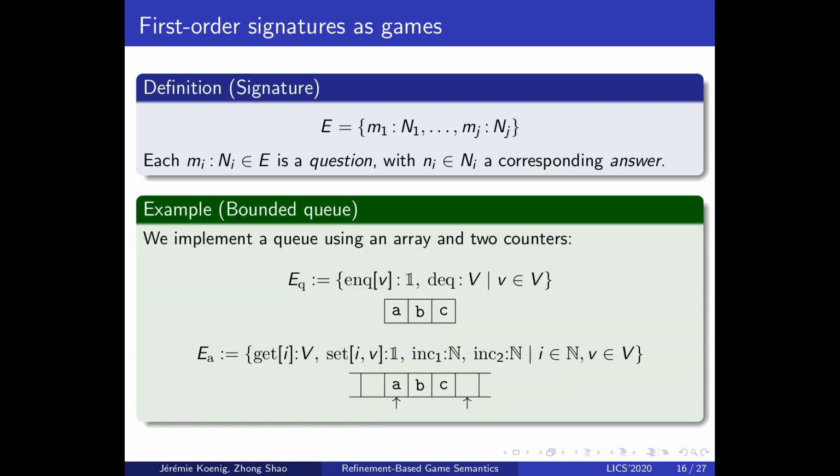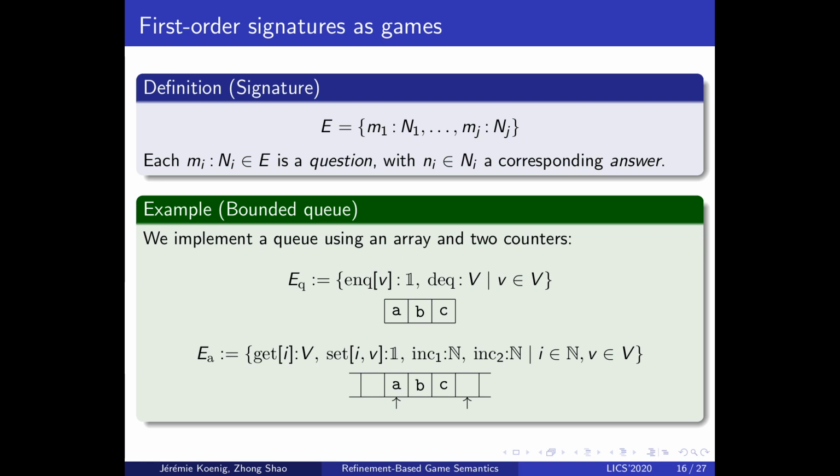As a running example, we're going to consider how a queue can be implemented in terms of an array. So a queue is simply a sequence of elements with two operations to enqueue an element at the end and dequeue an element from the front.